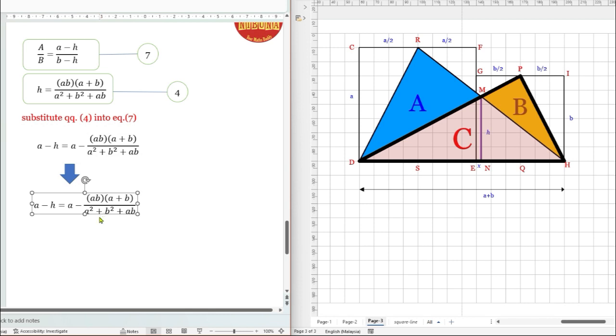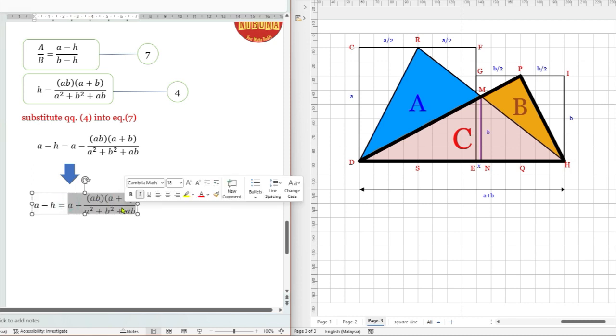A minus H, you'll get, I already done this one.